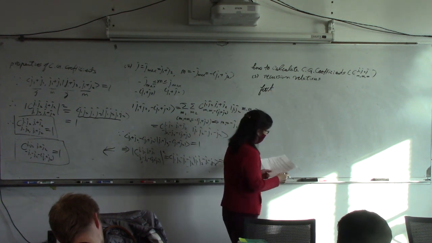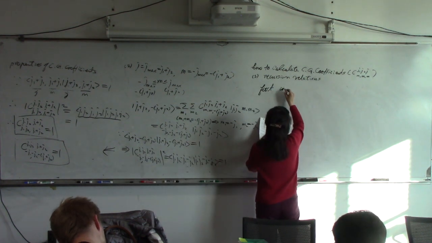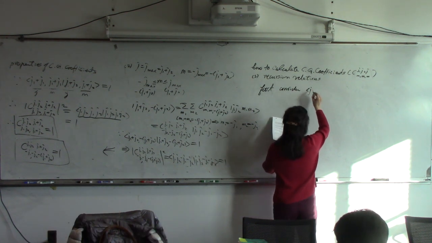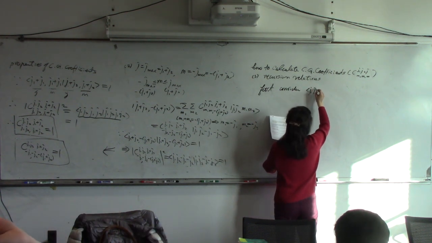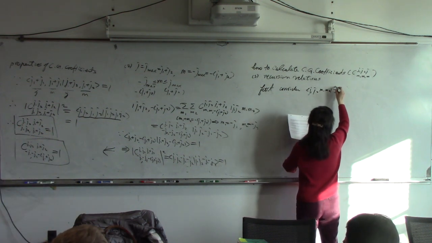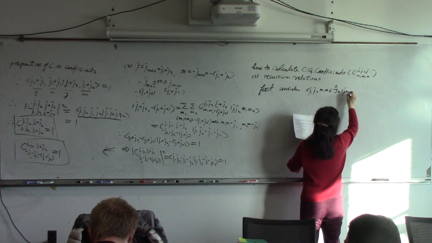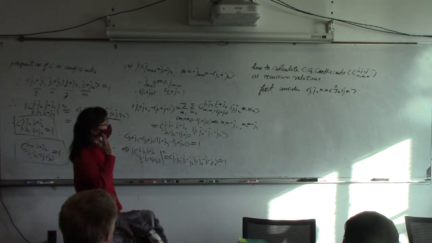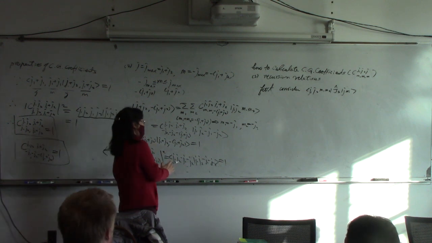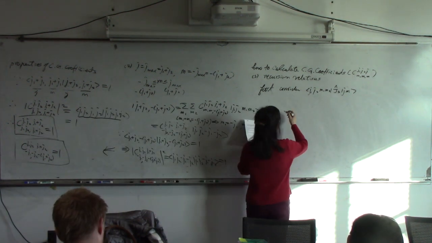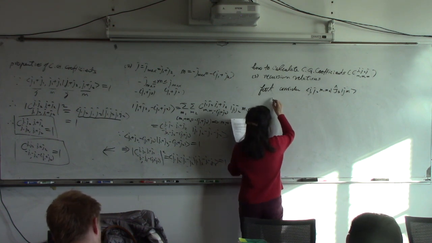Let's consider this case first, consider this one: J1, J2, M1, M2, with J plus minus sandwiched between these two states. So now let's look at this, and then we are going to find some relation, the recursion relation.